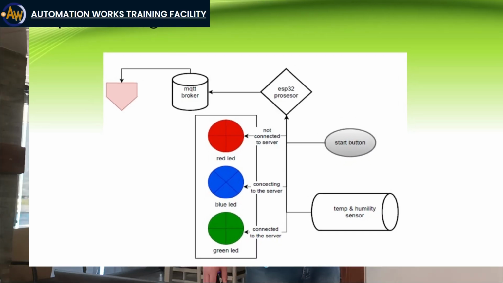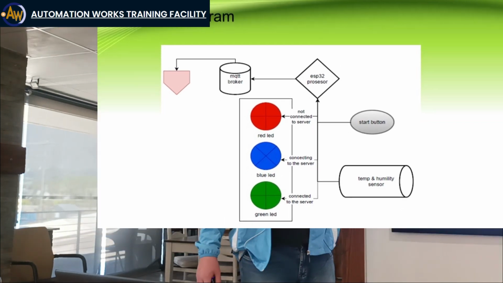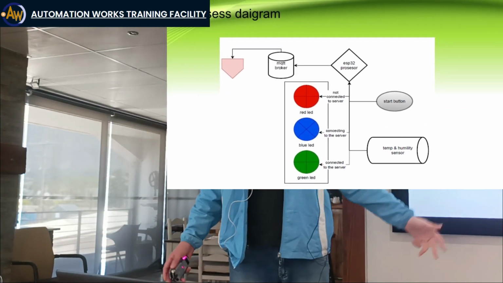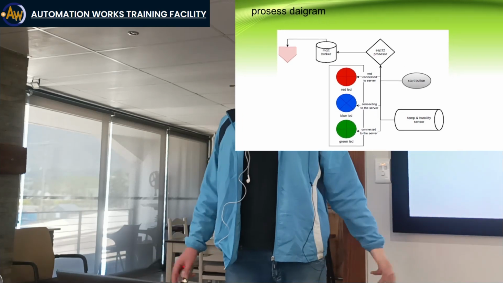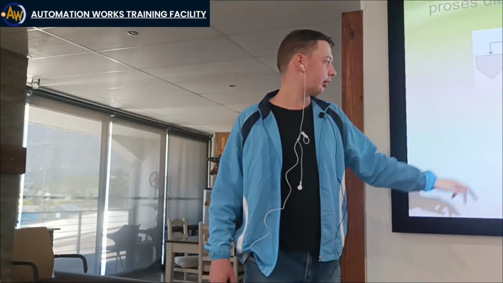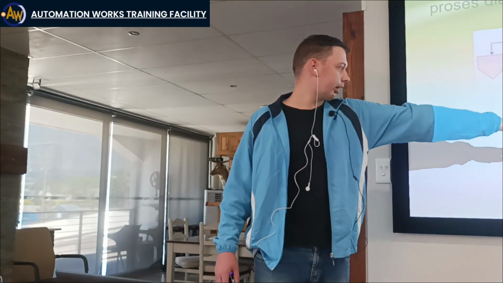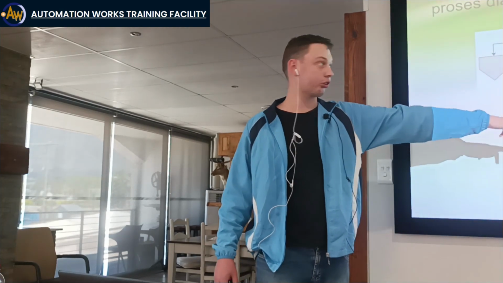The red one indicates that it's not connected to the server. The blue one is in the process of connecting. The green one indicates that it's connected to the server. And there's a humidity and DHT22 temperature and humidity sensor that's also connected to the ESP32.